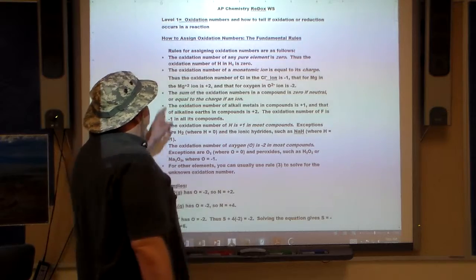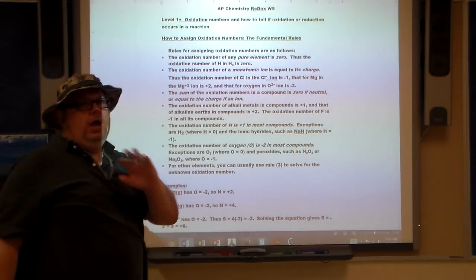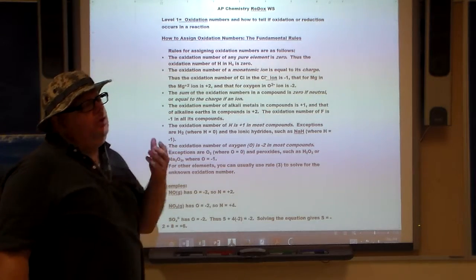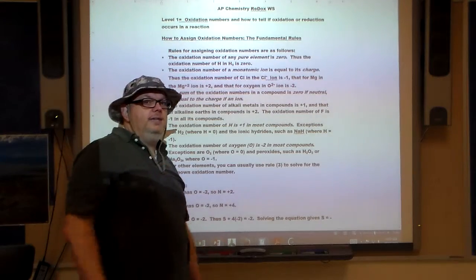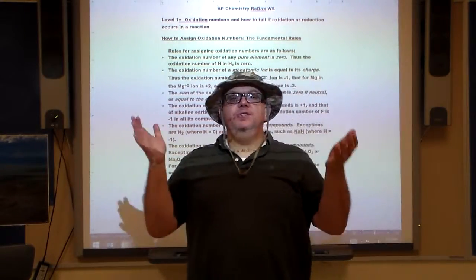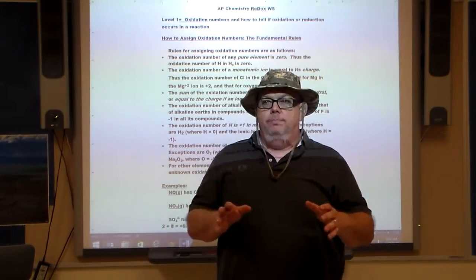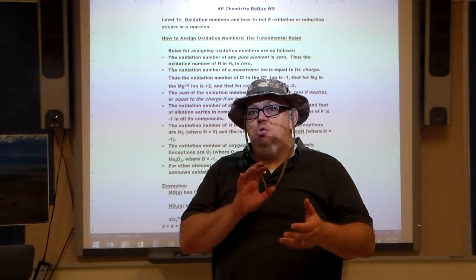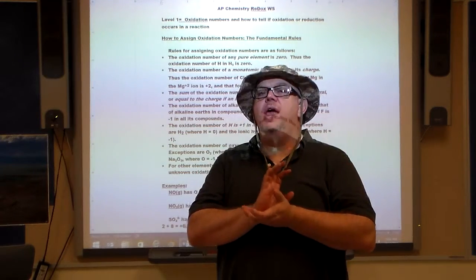oxidation numbers. So the first rule: the oxidation number of any pure element is zero. If we look at something like gold by itself or sodium by itself, it's zero. You'd say, but wait a minute, sodium is a +1. Well, remember, in its natural setting, the sodium is going to have all its electrons, so it's going to have a charge of 0. Now, is it going to stay that way?